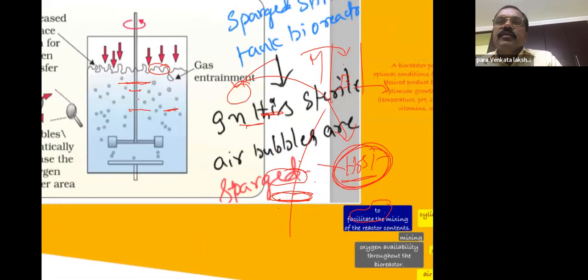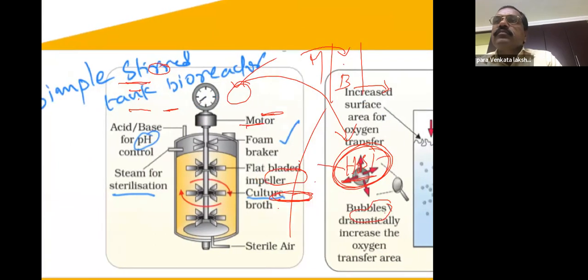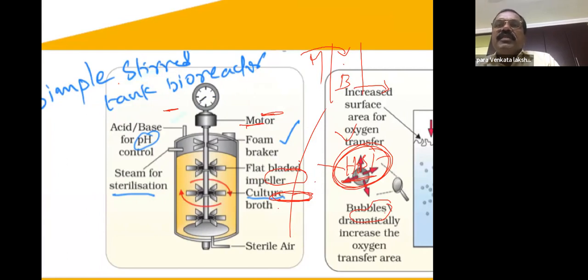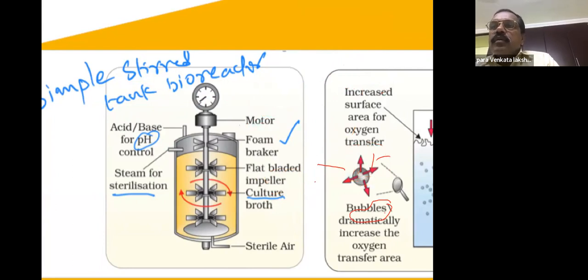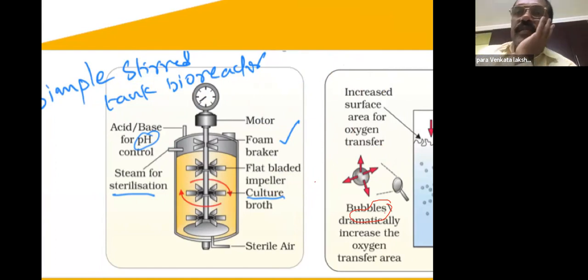See, this is the reactor. This is a simple stirred tank bioreactor. Because the diagrams may be given, you should know the different parts and other things.